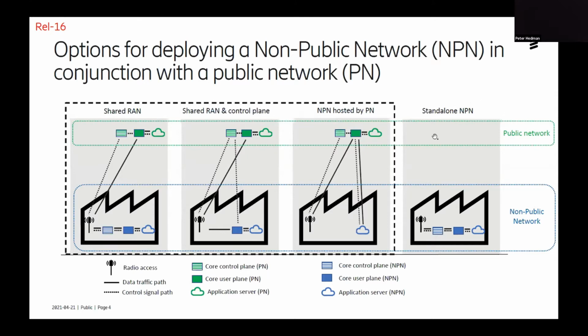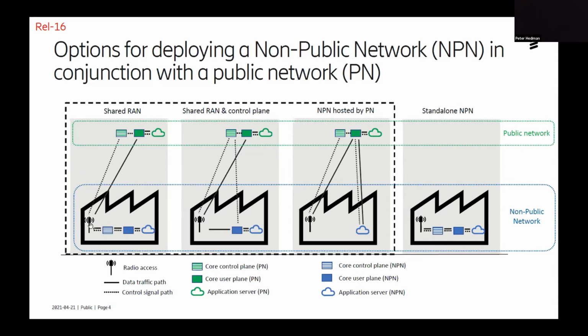Starting from the right-hand side, taking a factory as an example, this would be a standalone network, and you basically have all the equipment under your vertical's control. And then there are different levels of integrating with a public network. First, on the left-hand side, we can share the base station, the radio network, and this could be located on premise, close by, or even in different locations.